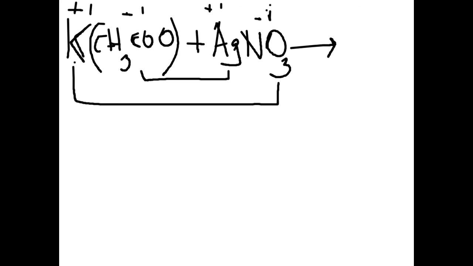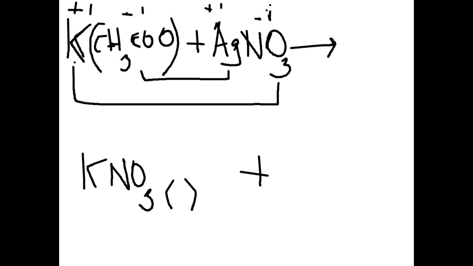Now swap and put the formulas correctly, so as to cancel the charge, right? So how would K and NO3 come together? KNO3, yes. Make sure you leave room for the state. And what would the other thing be?